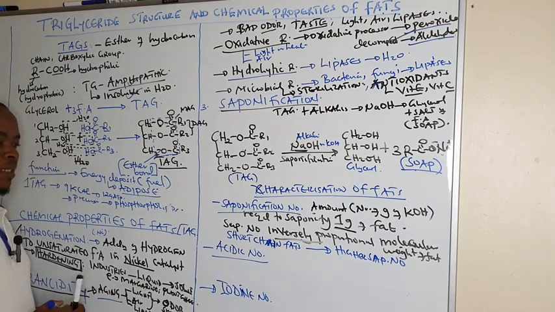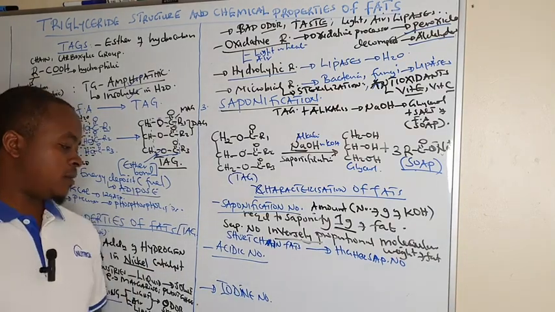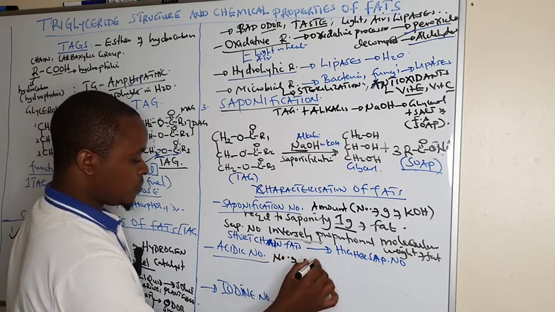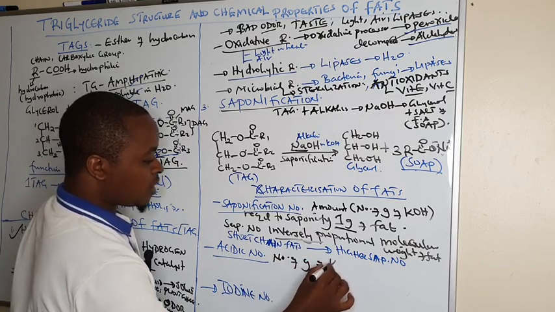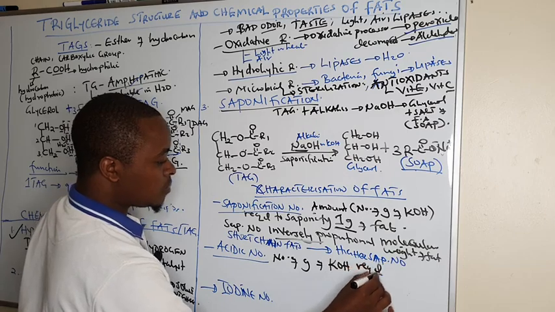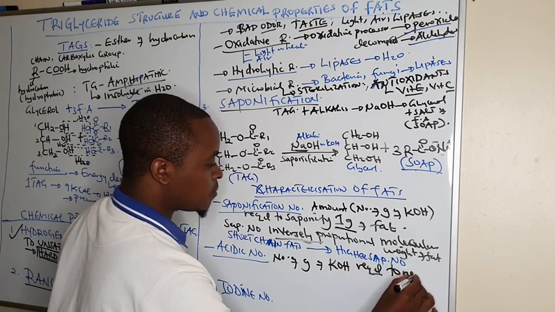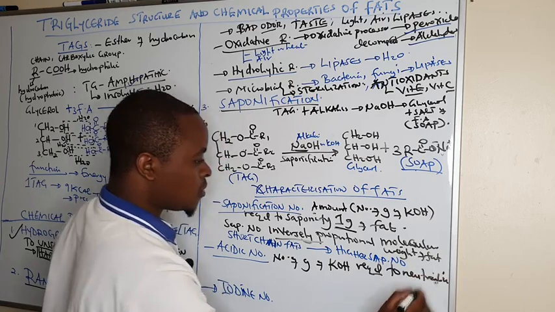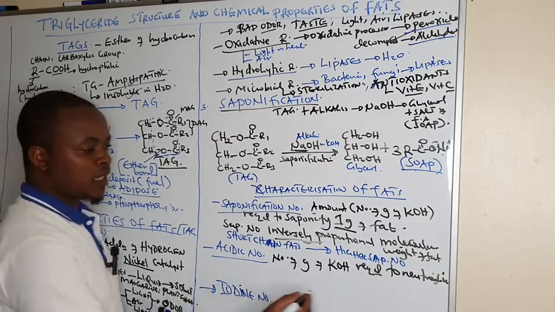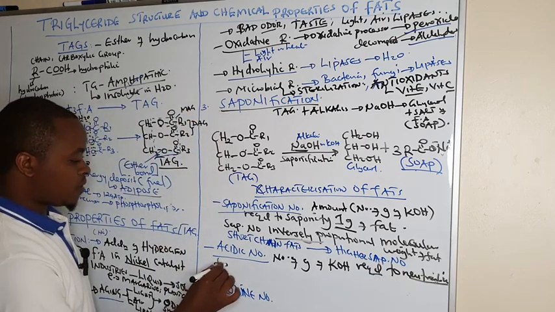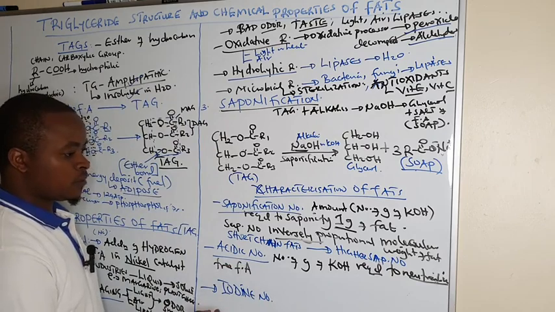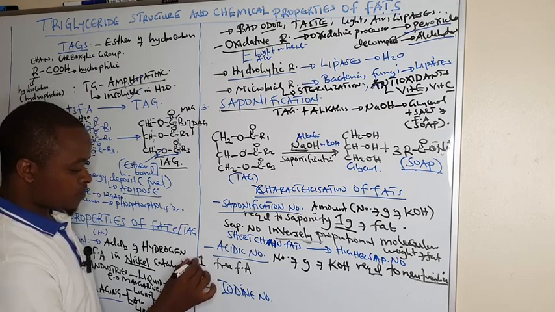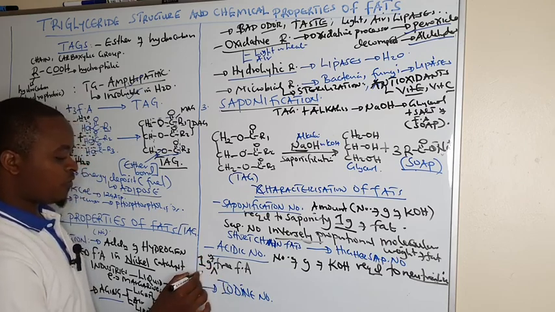Then the next we can talk about is acidic number. And acidic number, this is the number of grams of potassium hydroxide which are required to neutralize, or to saturate, but majorly the best word is to neutralize, 1 gram of free fatty acids.